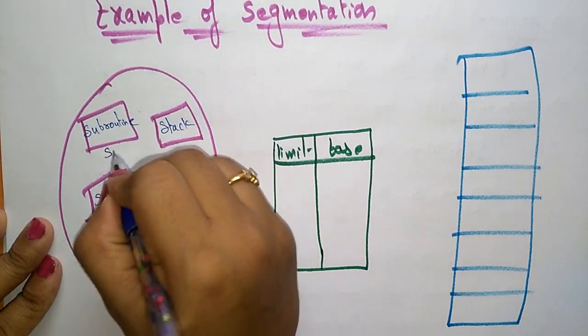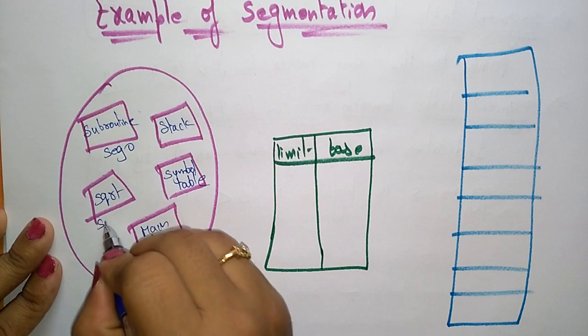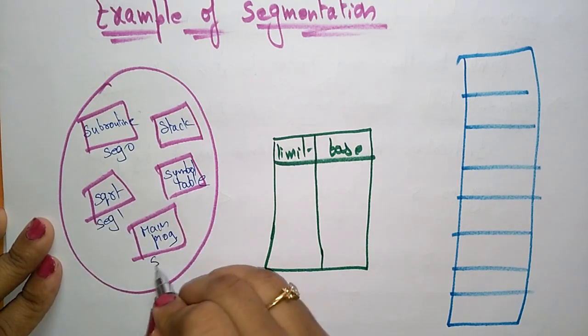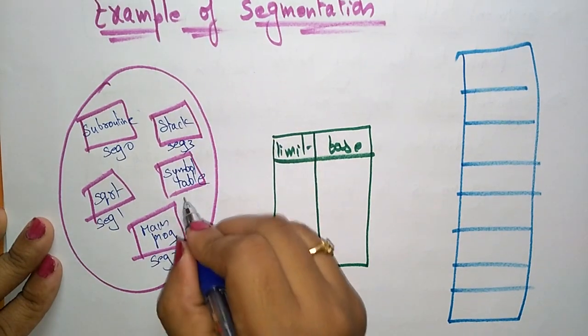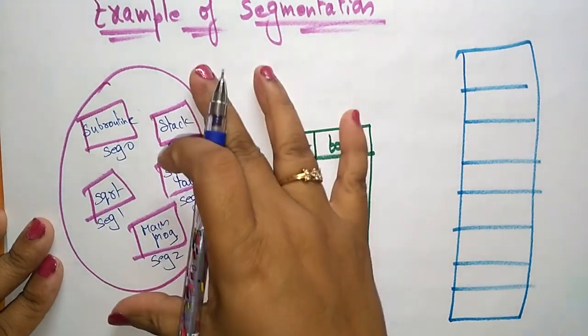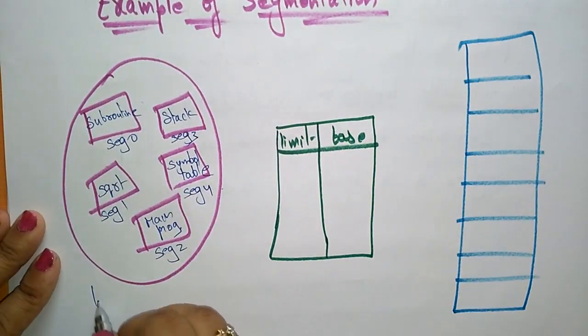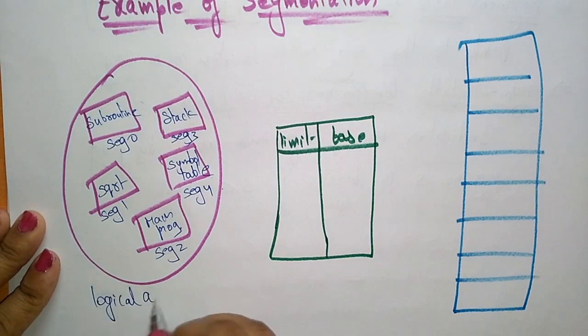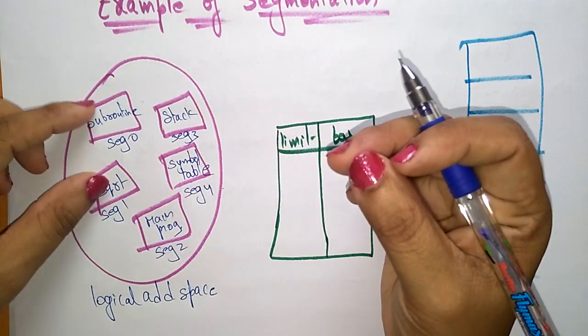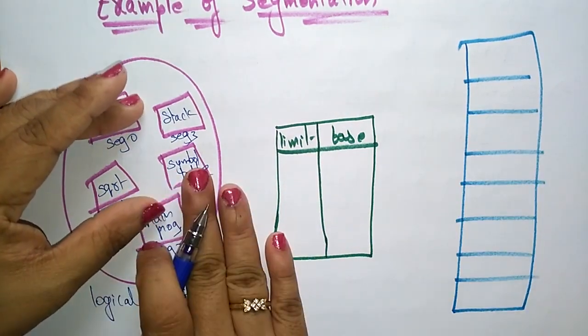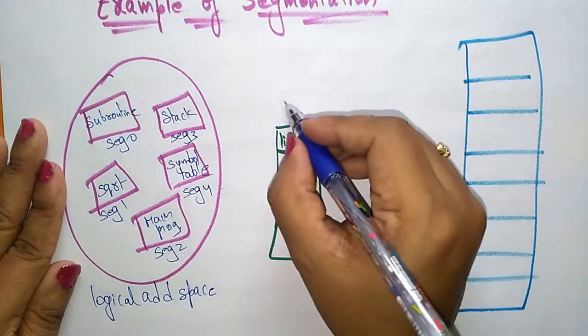Let us say these are segment 0, segment 1, segment 2, segment 3 and segment 4. This is completely the user space, which you call the logical address space. The logical address space consists of the segment name plus the offset. These segments will be stored in the segment table.